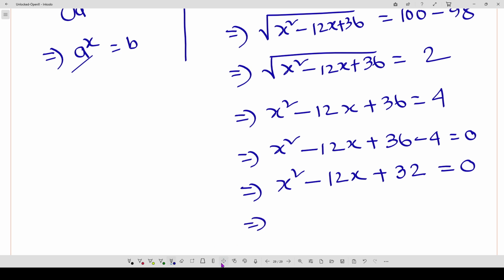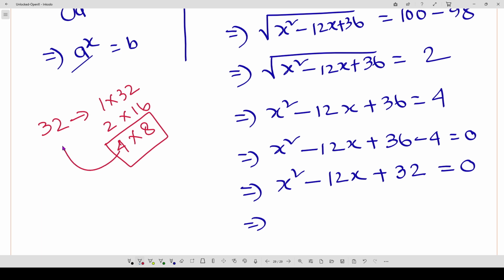Now we have to factorize this one: x square minus 12x plus 32. If we find the factors of 32, we get 1 times 32, 2 times 16, 3 is not possible, 4 times 8. Look, 4 times 8 equals 32 and 4 plus 8 equals 12.